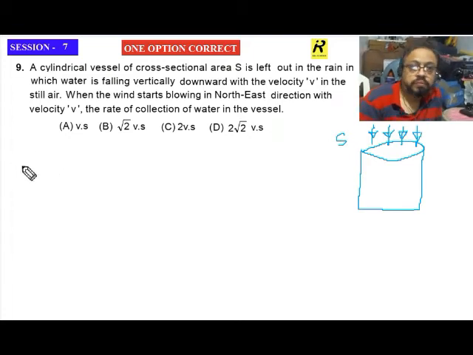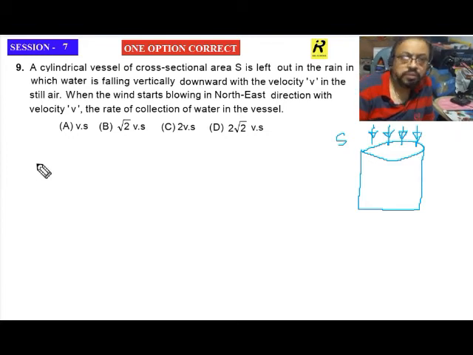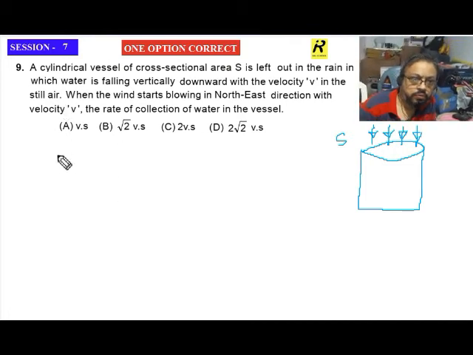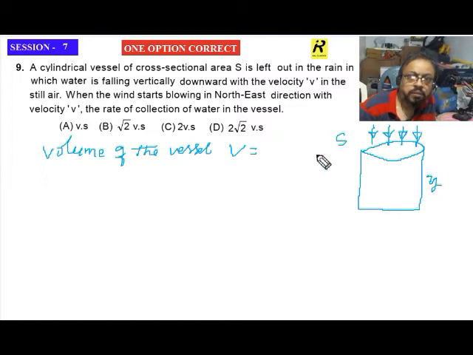What I can do is first calculate the volume of the vessel. So volume of the vessel, say V, is equals, if I say this is the vertical height, say it is Y, then volume of the vessel is S into Y. So this is how we have to express the volume of the vessel.